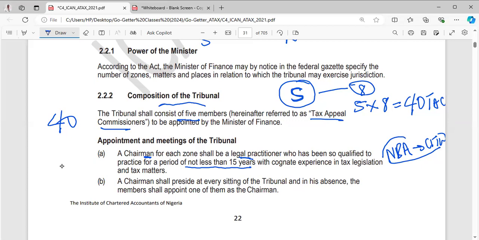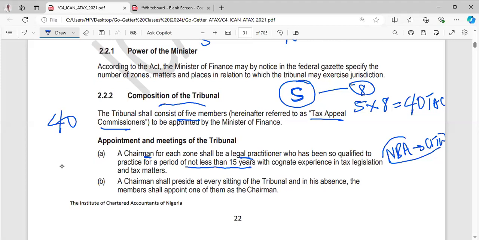Now the chairman shall preside at every sitting of the tribunal, but in case he's not present, the members shall appoint one of them to act as chairman. Maybe it could be that the secretary acts as chairman. It could be that, no, we still need the secretary to perform the secretary job.